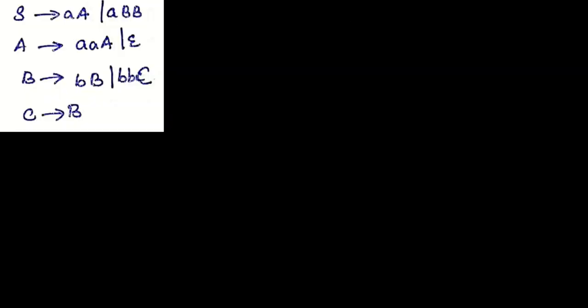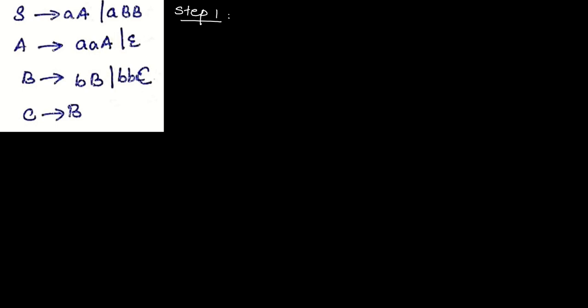S gives A or ABB, then A gives AAA or epsilon, B gives BB or BBC, and C gives B. These are the productions. So we follow the first step. In step 1, we have to find the epsilon productions.